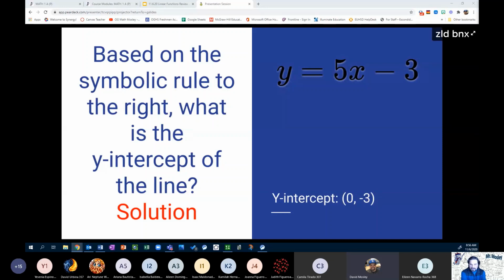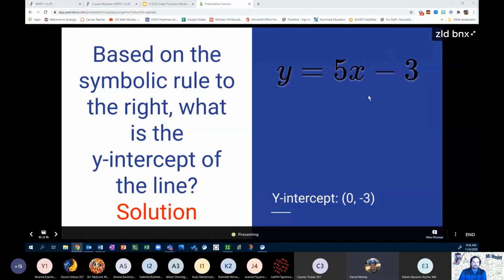The x value of the y-intercept is always 0. It cannot be any other number, because the y-intercept, by definition, is where the line crosses the y-axis. The x value on the y-axis is 0. It cannot be another value.